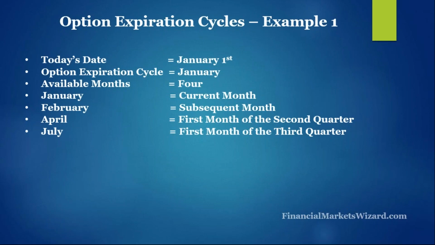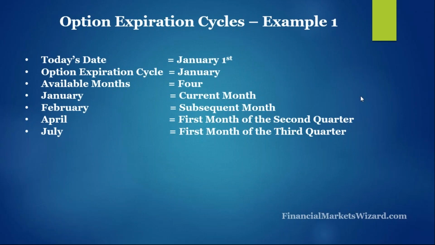So for instance, January is the option expiration cycle for this stock, and we have 4 months available. January is the current month, so we will list January as the current month option, and February is the next month, so we will list February also. Because there are only 2 days left for January expiry, we need to have a February. So there is always a next month available.